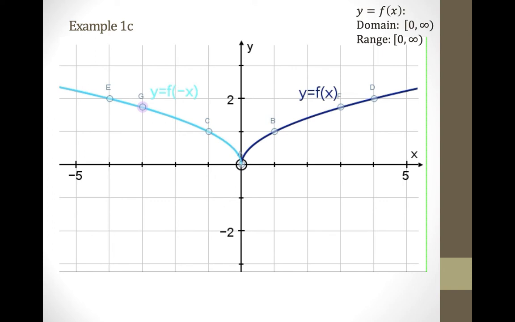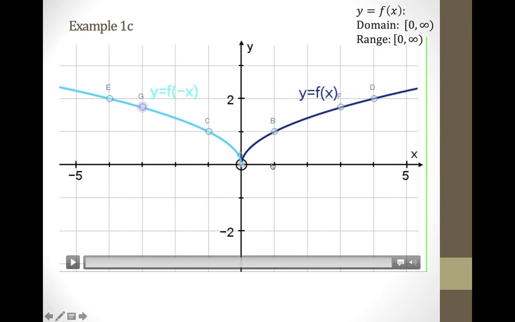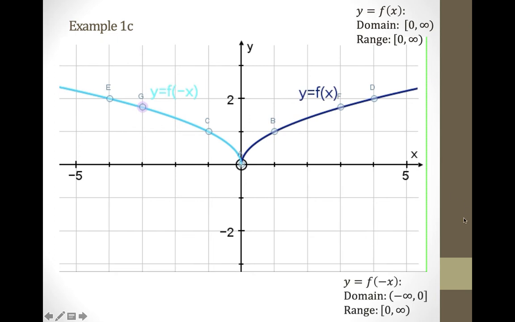So as I was saying, (1, 1) becomes (-1, 1). (3, just under 2) becomes (-3, just under 2). Positive 4 becomes negative 4, and then you join the dots. So what's been the surprise now?